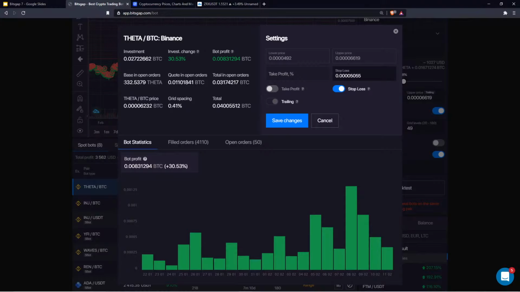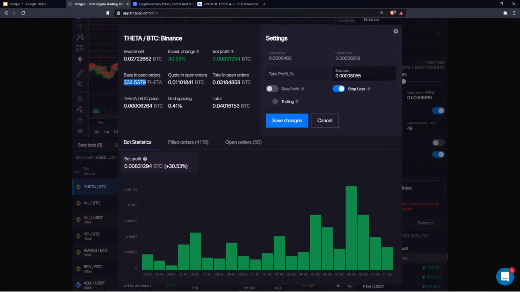That means I have to remember that I have Theta on my balance, which fluctuates every day. The price can fall, which means the value of my portfolio will fall, and if it goes higher, then it will appreciate.